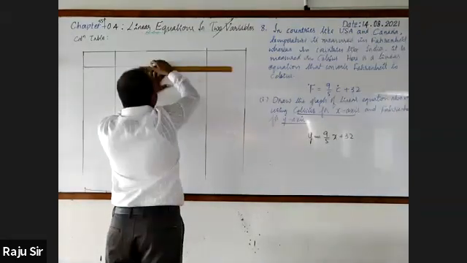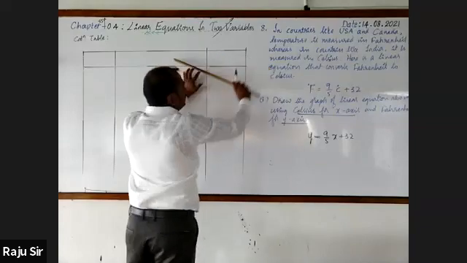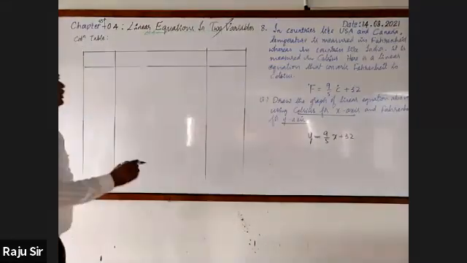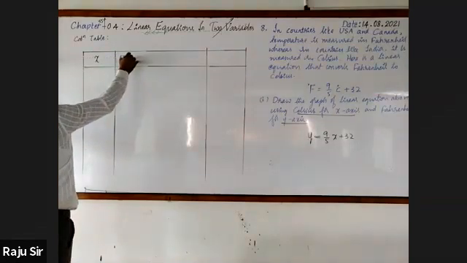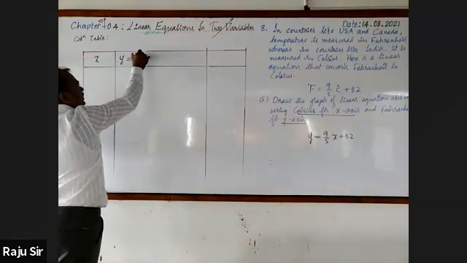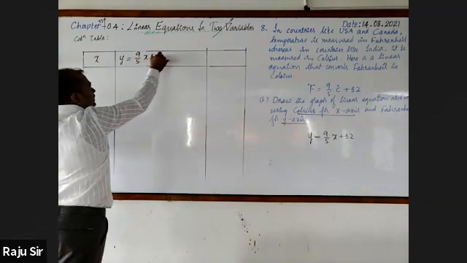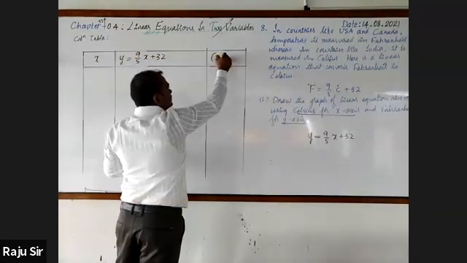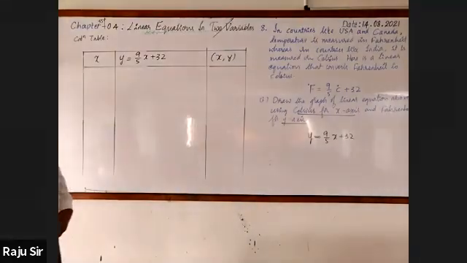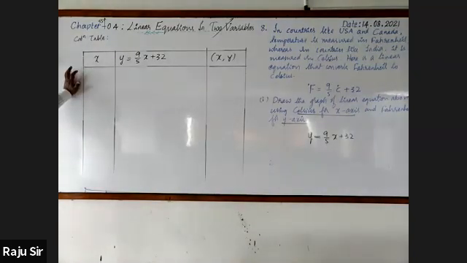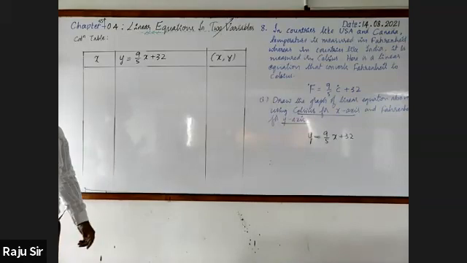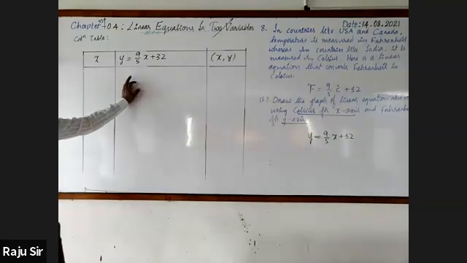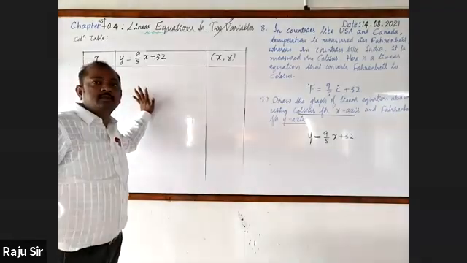Have you completed the table? Yes, sir. This is x. And second column is y, which is equal to 9 by 5 into x plus 32. And this is x comma y. Again, temperature. 5 degrees, 35.